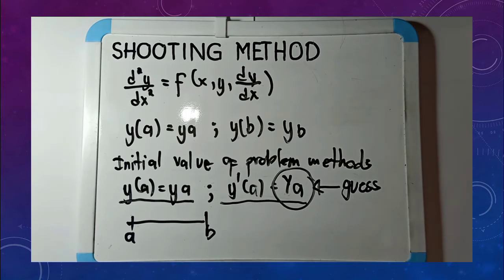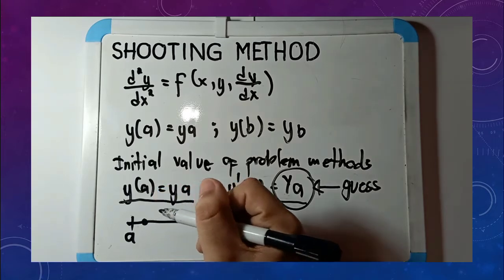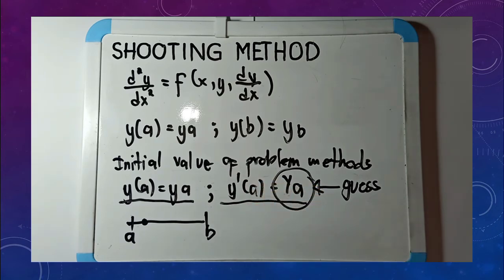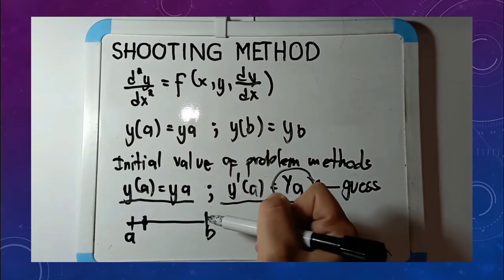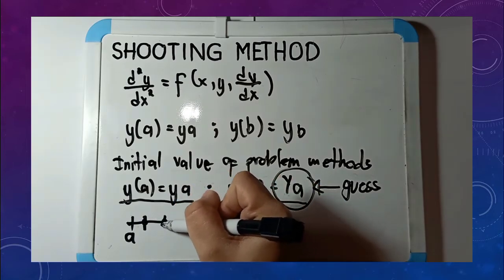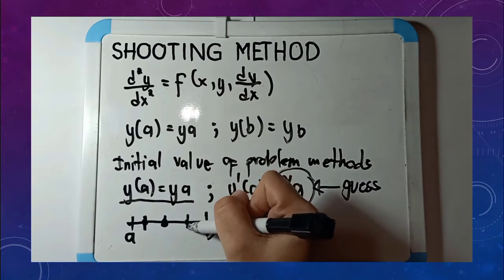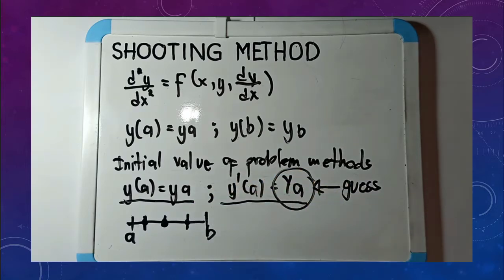And we are going to use that in order for us to find the value at some point here by using the different initial value problem methods. So in here, we are going to find the value of y at this particular point, the value of y at this particular point, and lastly, the value of y at this particular point.